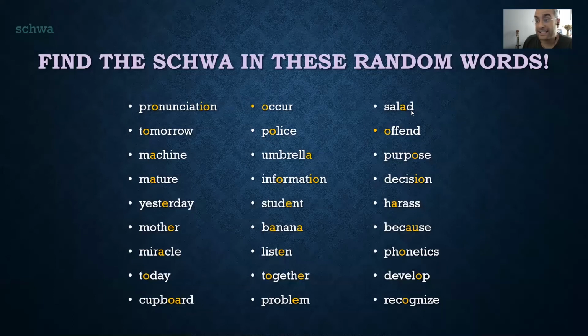Salad. See here, this is a very good example, I think, to show that syllable stress, right? When you put the stress in that first syllable, "sa," and then "lid," salad, all right? You can see the difference. Next, offend, not "all," offend, all right?